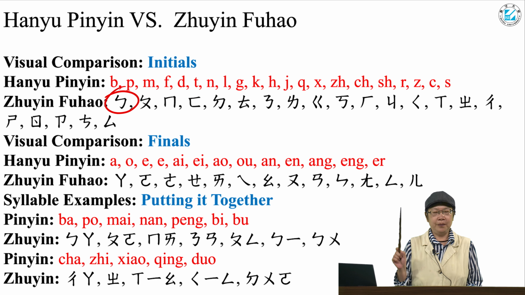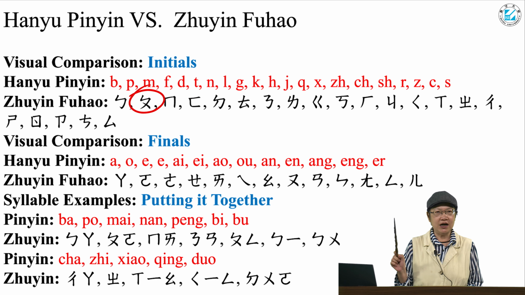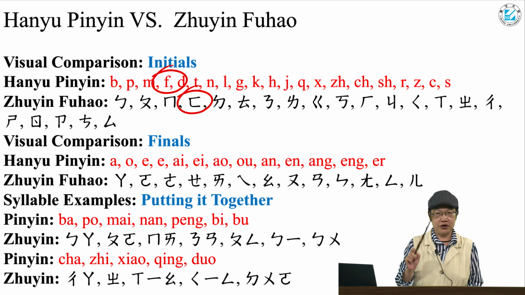Okay, b, p, m, f. F is F, however, we do not pronounce it the English way. We really pronounce F. Okay? So remember F, and then continue.